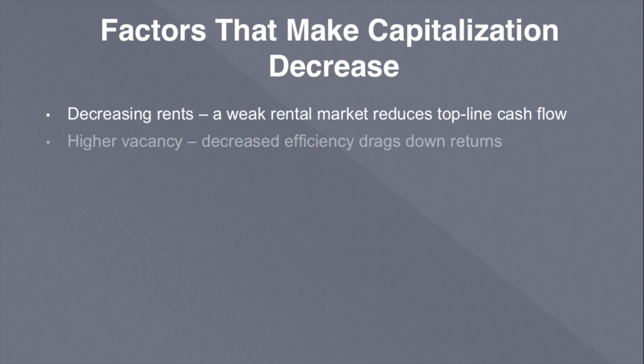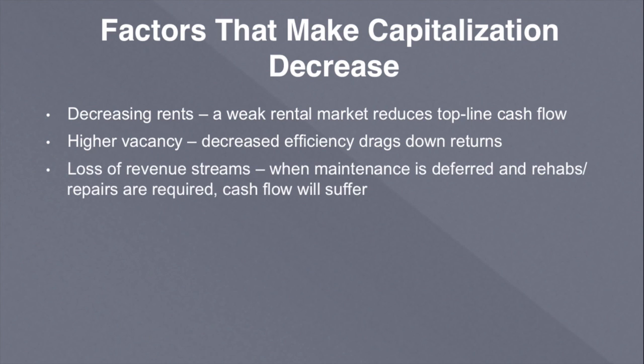What about decreasing? Well, the bad news, right? If rents go down, cap rate's going to get worse. Vacancy goes up, cap rate's going to decline. It's going to be a drag on your property. Loss of revenue, maybe deferred maintenance, rehabs on properties. That's mostly considered what's called CapEx, or a capital expenditure.